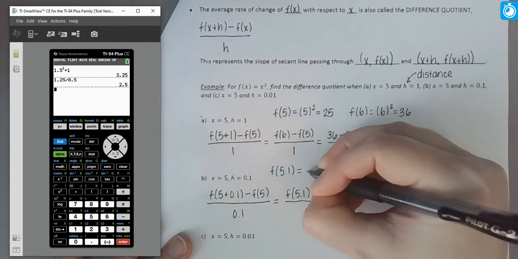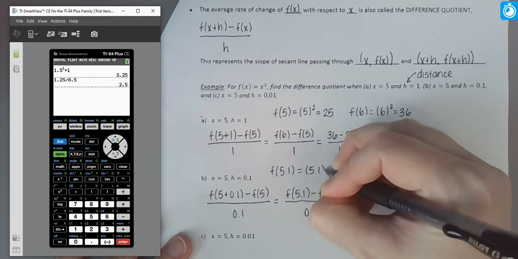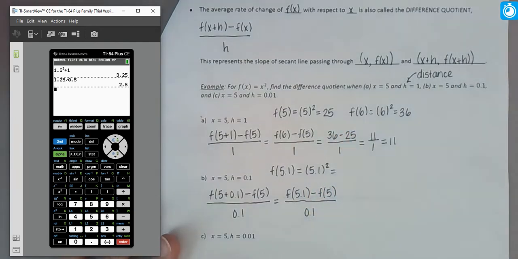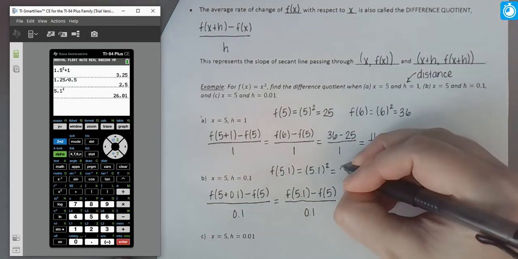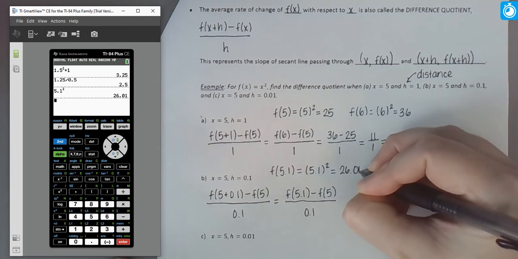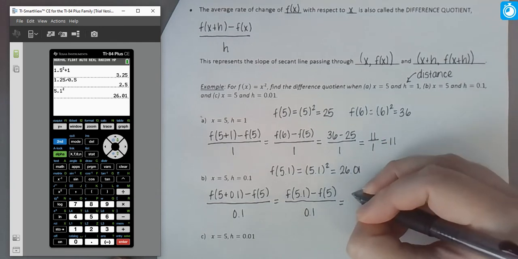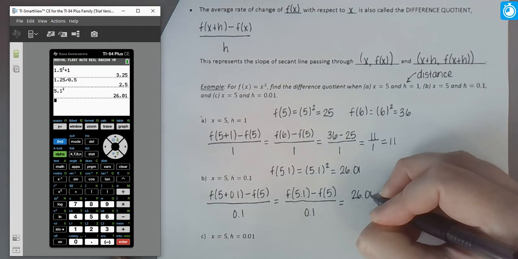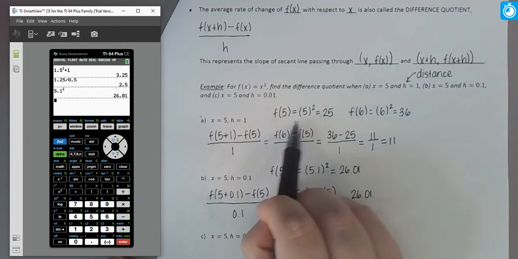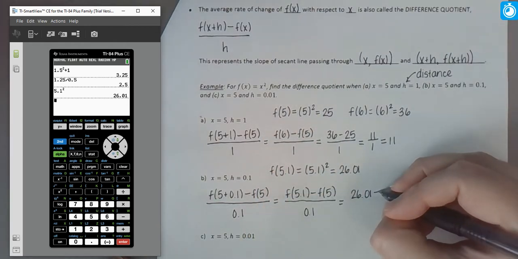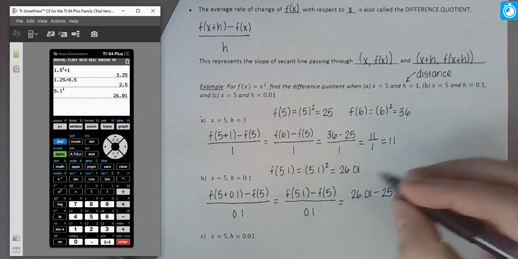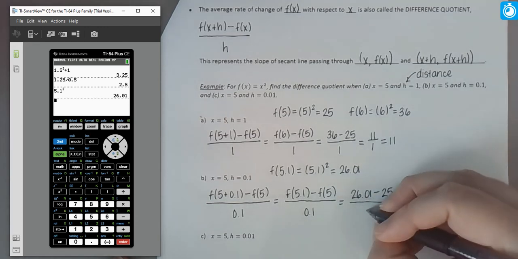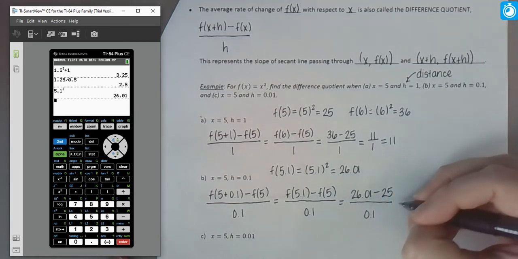So f of 5.1 is going to be 5.1 quantity squared. Let's see, so 5.1, we square that, that's going to give us 26.01. Okay, so sub in 26.01. Now remember, f of 5, we already calculated that. That's going to be 25. So minus 25, divided by 0.1.